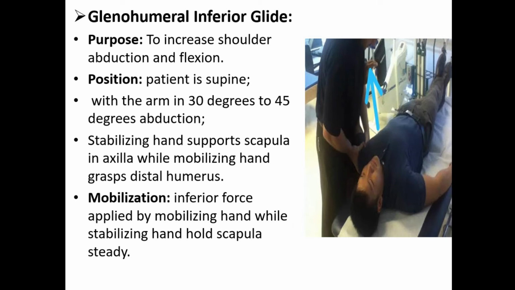Position: patient is in supine with arm in 30 degree to 45 degrees abduction. Stabilizing hand supports scapula in axilla while mobilizing hand grasps distal humerus. Mobilization: inferior force applied by mobilizing hand while stabilizing hand holds scapula steady. This is a glenohumeral inferior glide.